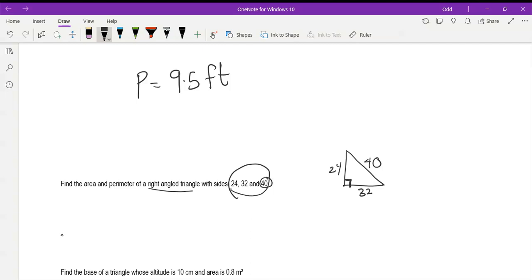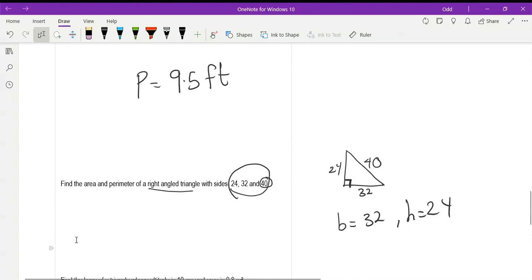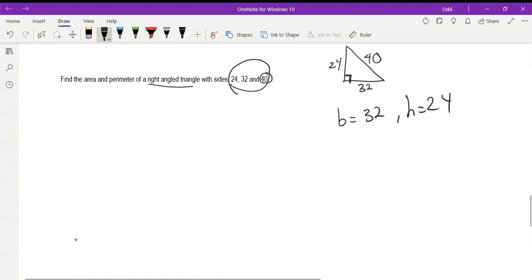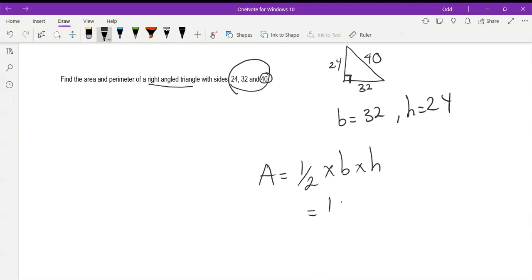Okay, so we've already drawn our triangle. So we can say our base is going to be 32 and our height is going to be 24. Then we input the formula, half times base times height. So we have half times what's our base? Our base is 32 times our height, which is 24.